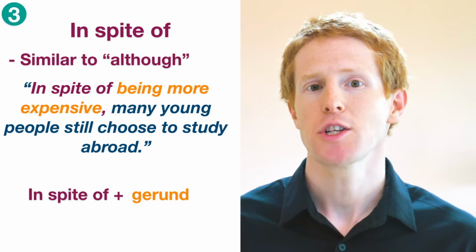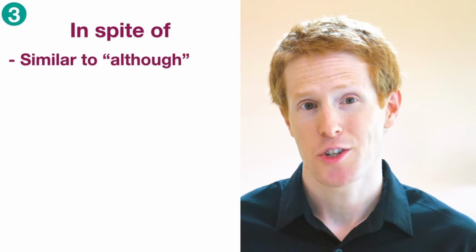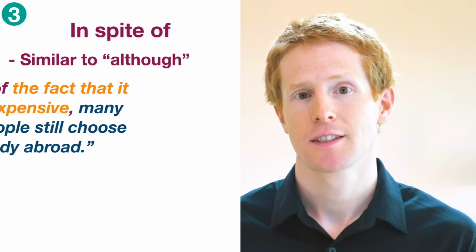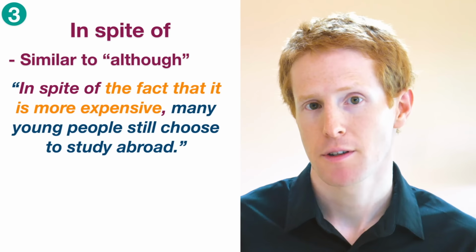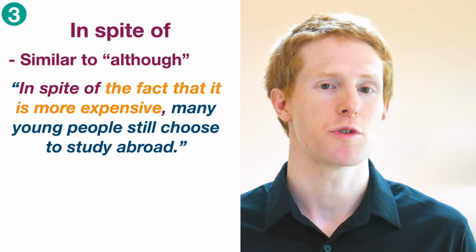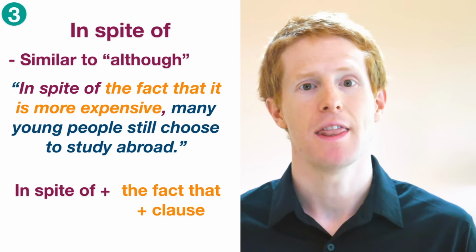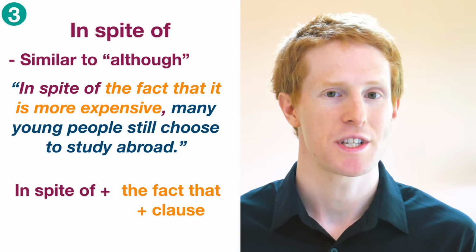So in spite of being more expensive. And that's not all. We can also use in spite of the fact. So in spite of the fact that it is more expensive, many young people choose to study abroad. So we have in spite of, and then the fact that, and then a clause, which is a subject and a verb.